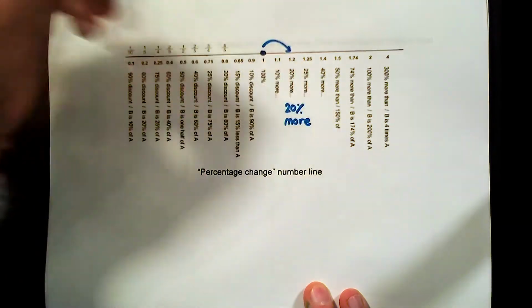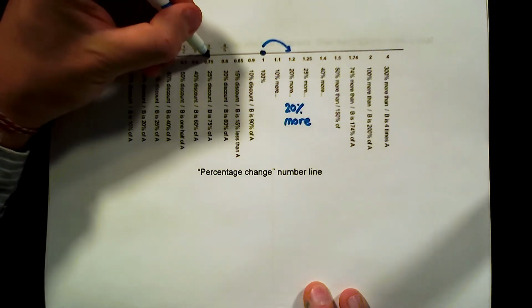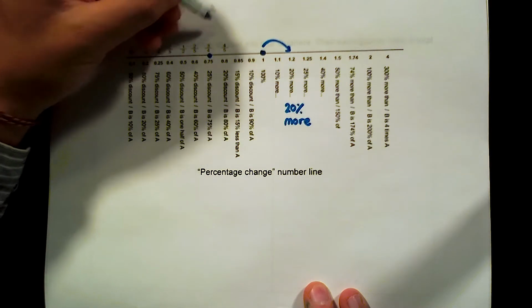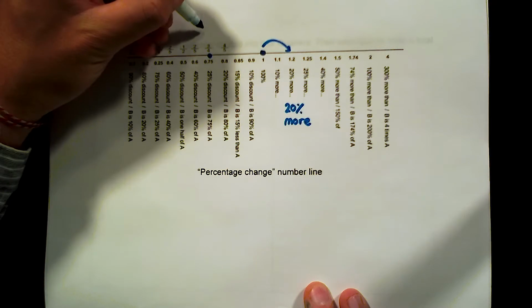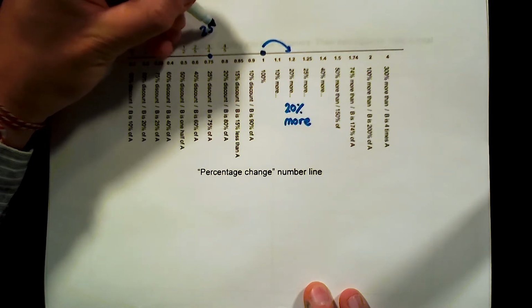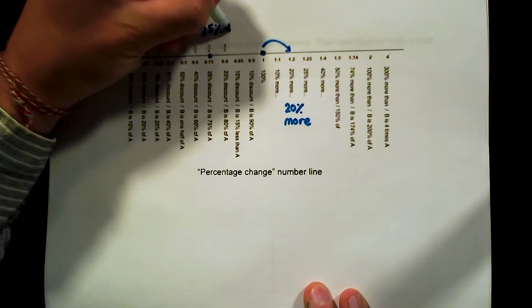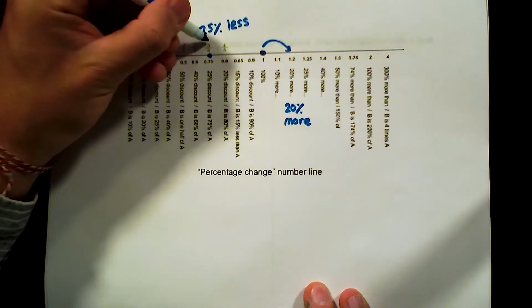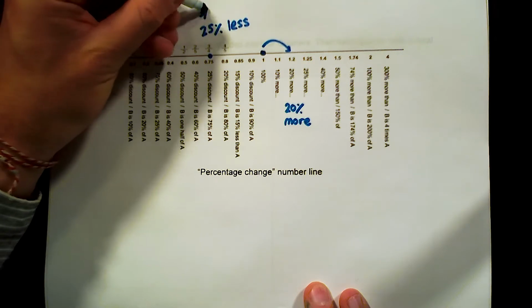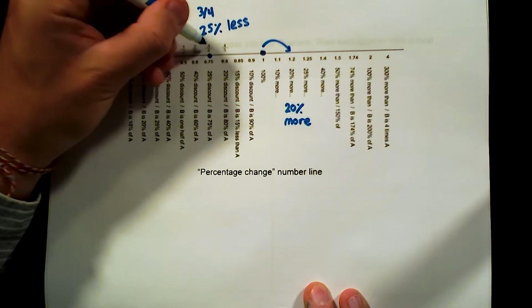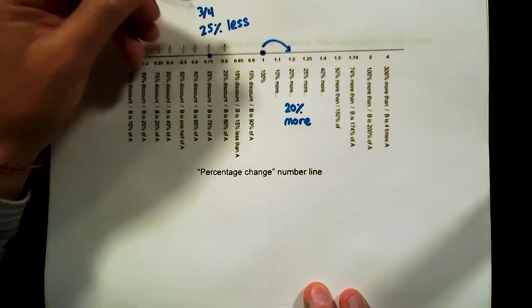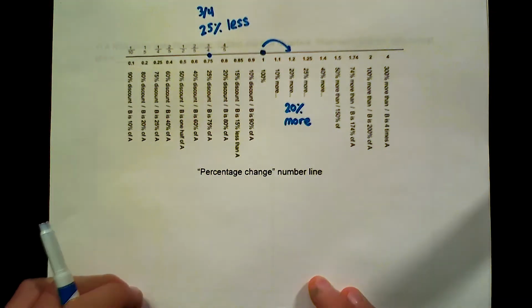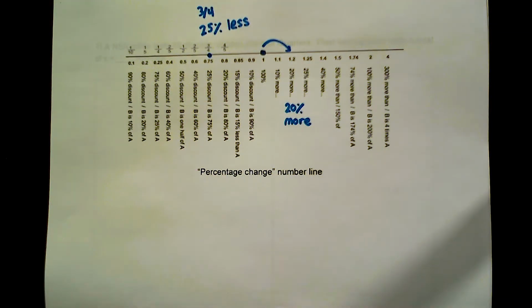Or you could say, for example, 0.75 here, that would be 20% less, or 20% discount. But you can also relate it to fractions. So this is also 3/4, or is also 0.75, etc. So this number line actually helps your student have a good framework to work with these problems.